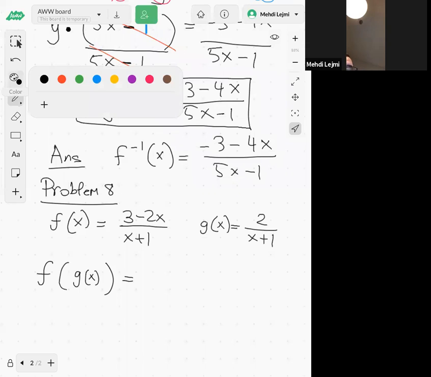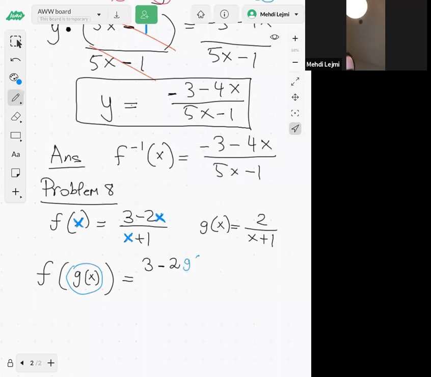Here, I have to substitute this x with g of x. There's an x in the numerator and an x in the denominator, so I substitute both by g. So this is 3 minus 2 times g over g plus 1.